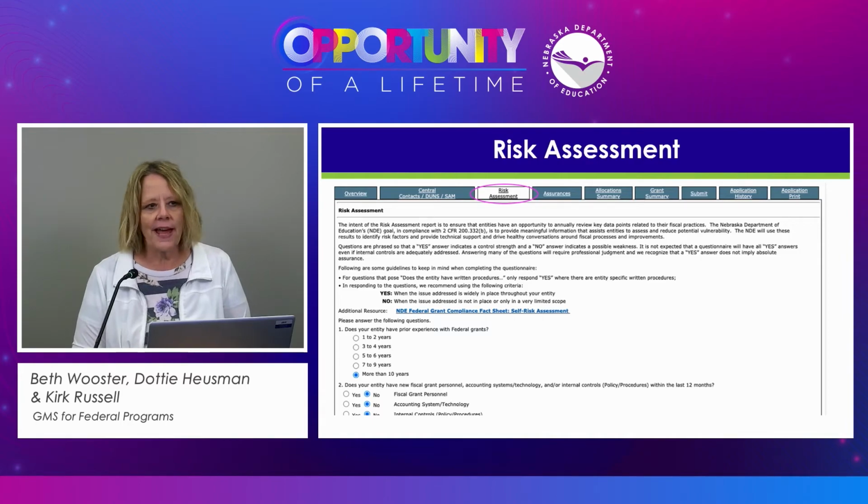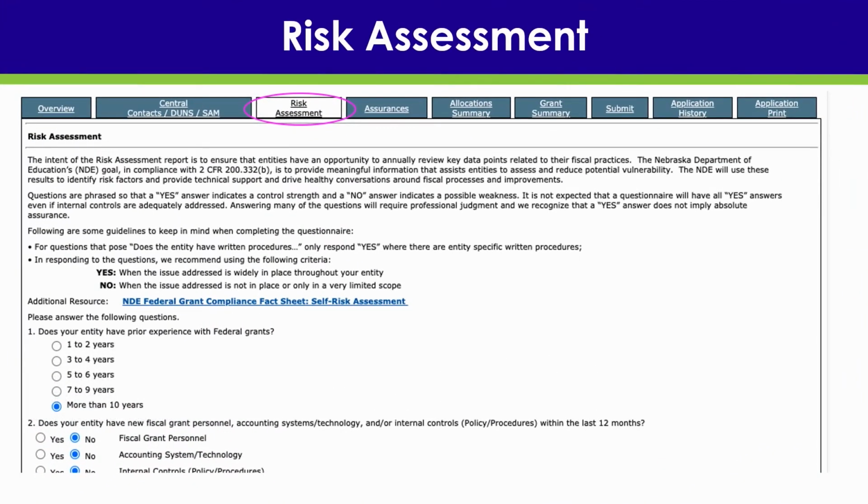Okay, so another tab as we're working our way across that Unified Grant Profile is a Risk Assessment tab. The Risk Assessment tab just has the superintendent or the authorized representative completing information in regards to the systems or the processes that are in place within your district. So this is just a partial piece of that. You can see at the top, does your entity have prior experience with federal grants?